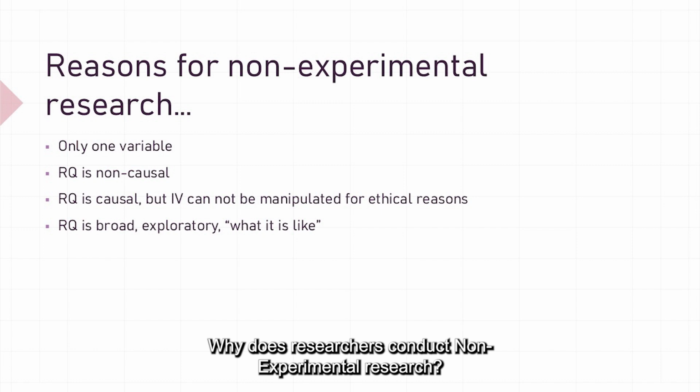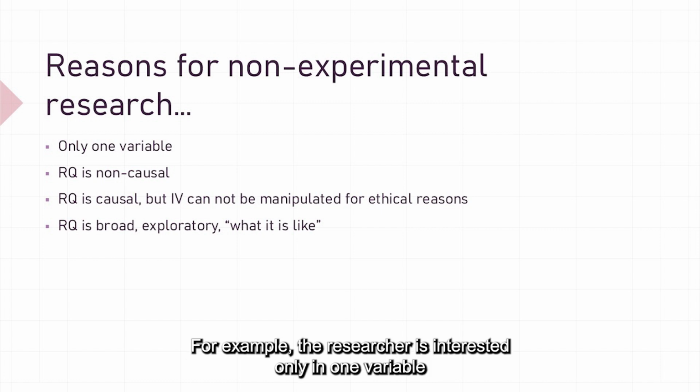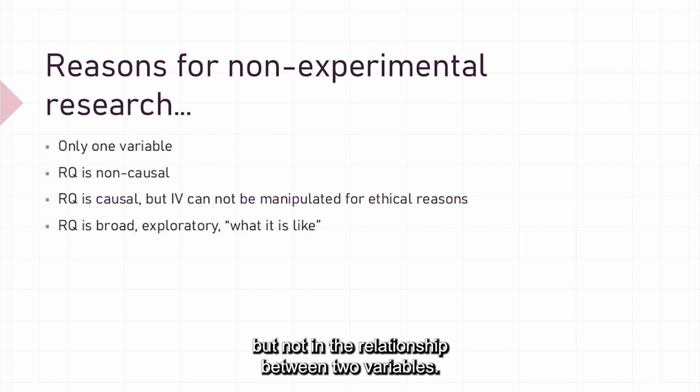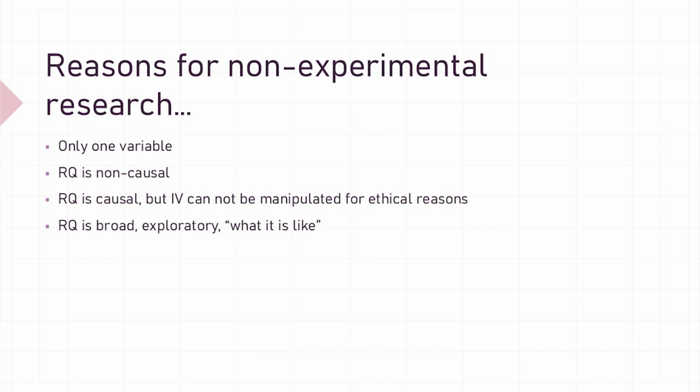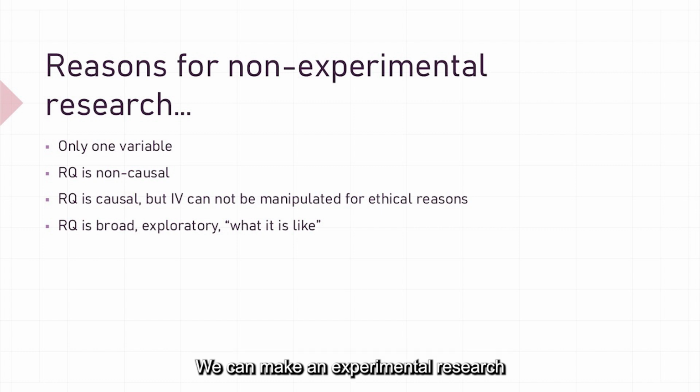Why do researchers conduct non-experimental research? There are many answers to this question. For example, the researcher is interested only in one variable, but not in the relationship between two variables. For example, how accurate are people's first impressions? We can make an experimental research question from this non-experimental one.